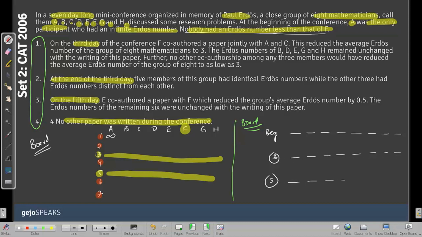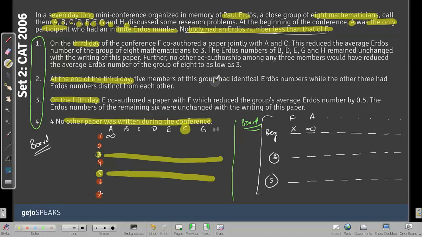Day 5 we have 1, 2, 3, 4, 5, 6, 7, 8 of them, and certain information is given about F and A. F is the lowest. Let's take that value to be X, and A has a value which is infinite. So that's the kind of board that we can work with and figure out, probably writing the names depending upon what things happen.